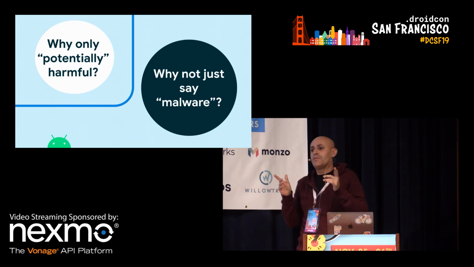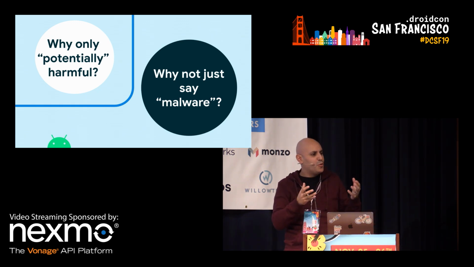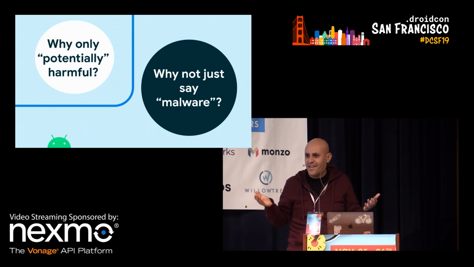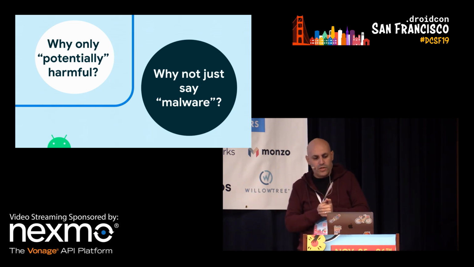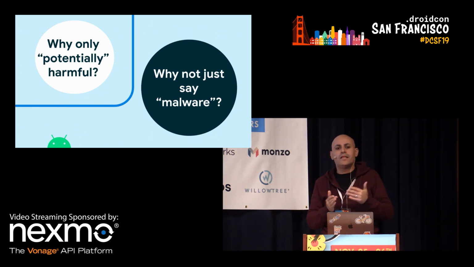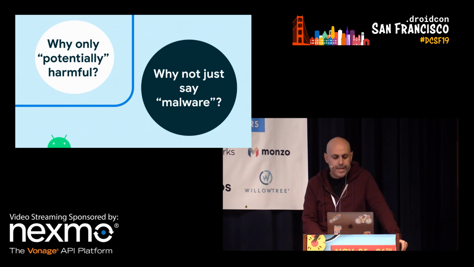It's bad when the user is not being notified, hey, by the way, we are escalating privileges. In that case, it is a problem. But applications like KingRoot, Lucky Patcher, and other applications like Power Tools are very, very useful to software developers in particular, and security researchers as well. So we want to call them potentially harmful because in certain instances, they may be abused, and they may be executed with malicious intent.